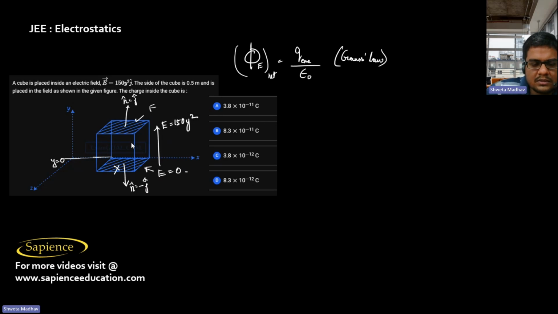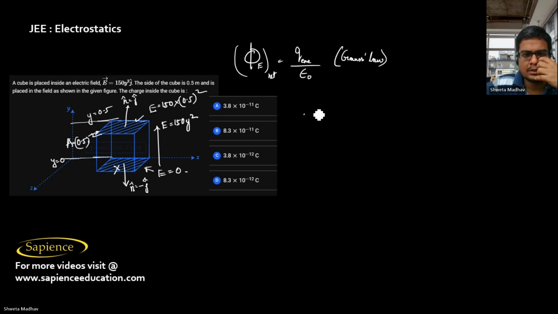So now on the top face, the electric field will be 150 into, now this height is 0.5, so here the y value is 0.5. This is 150 into 0.5 whole square. So E dot area, the area is also 0.5 meter square.